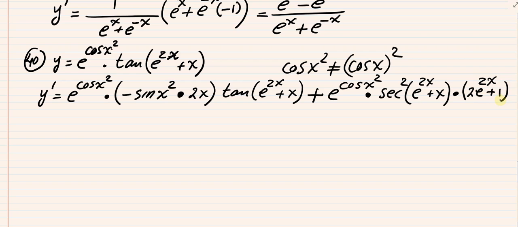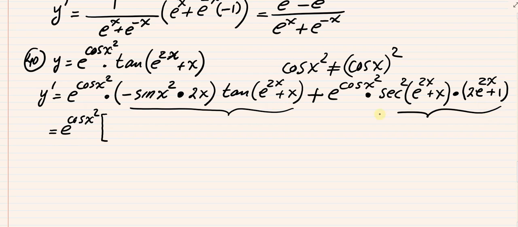Now, in the way of simplification, in number 40, I can factor e to cosine of x squared out. Let's see what happens. So I got all of this now, and then we got all of that. Because the first expression is negative, I'm going to write that second, write this one first.